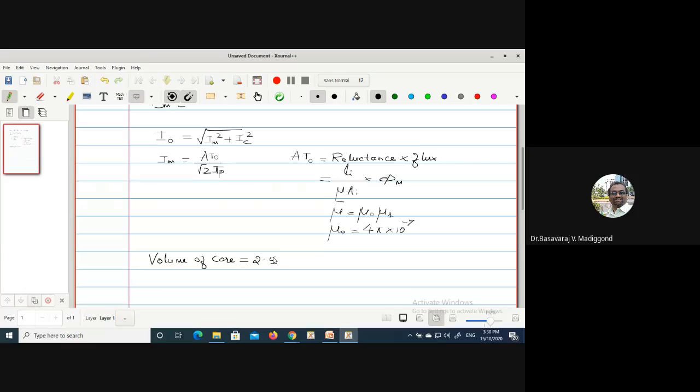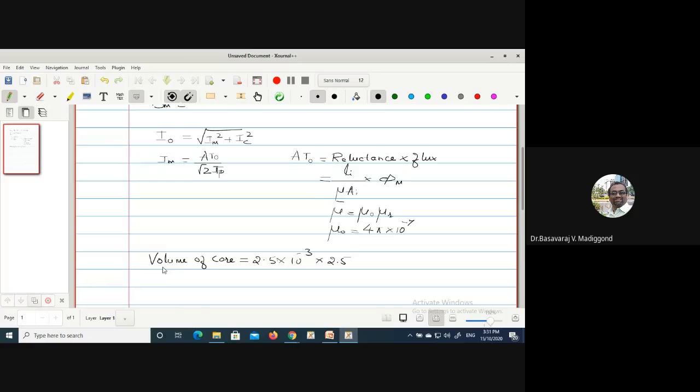Yes, that is what he has given. Into 2.5 meters. That you will get the volume. So you will get the volume of the core.